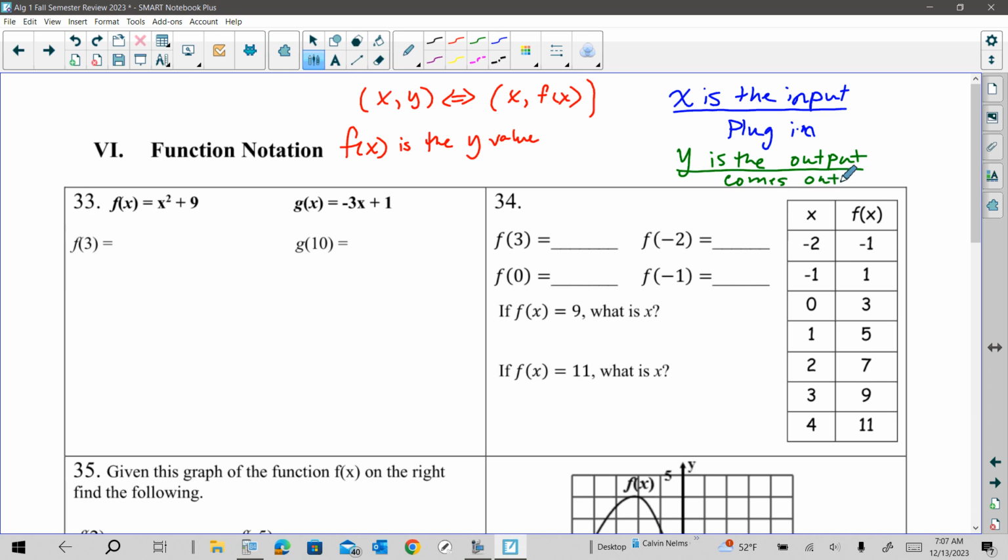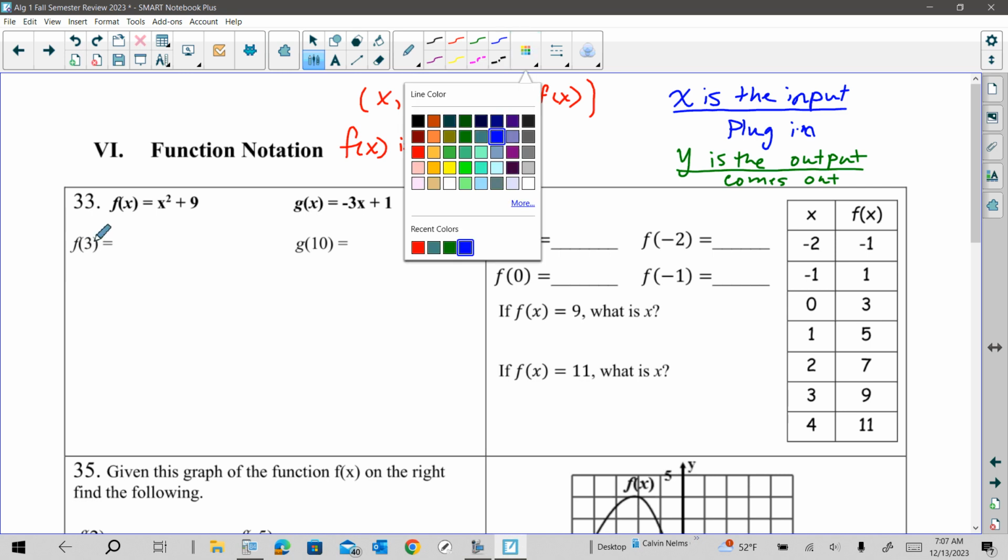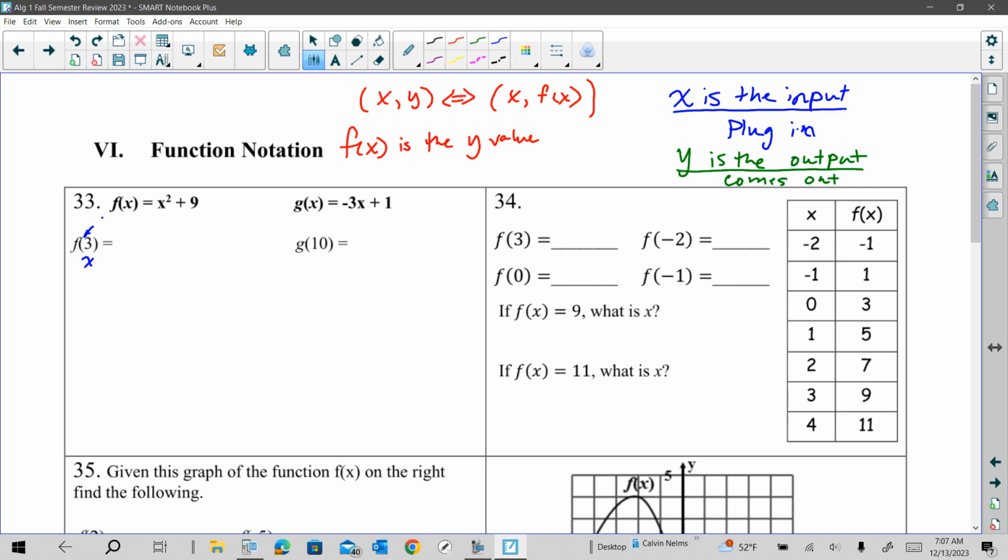So on 33, since they want you to find f of 3, your 3 here is the x. This is basically what we're going to plug in to the equation. So we're going to plug in 3. And anytime we're doing plug-ins, we have to use substitution, which means we use parentheses.